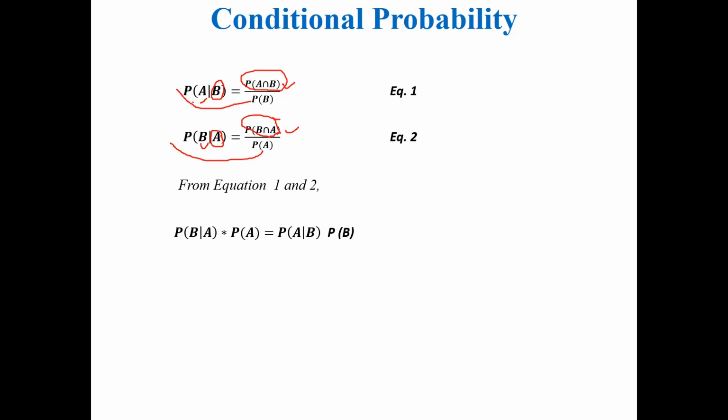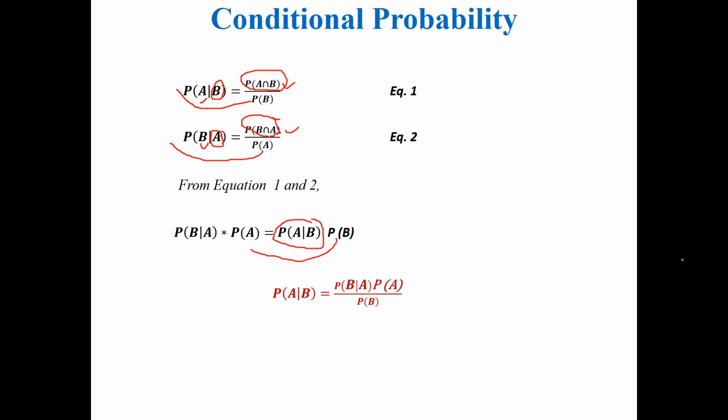So with this concept we can equate equations 1 and 2. Now it will become probability of B given A into probability of A is equal to probability of A given B into probability of B. By equating these two equations, we can get the equation to find this probability. Probability of A given B will be equal to probability of B given A into probability of A, divided by probability of B, because this term will go as the denominator.